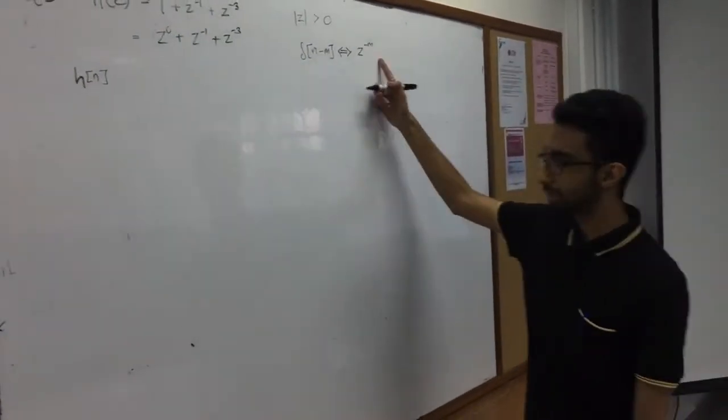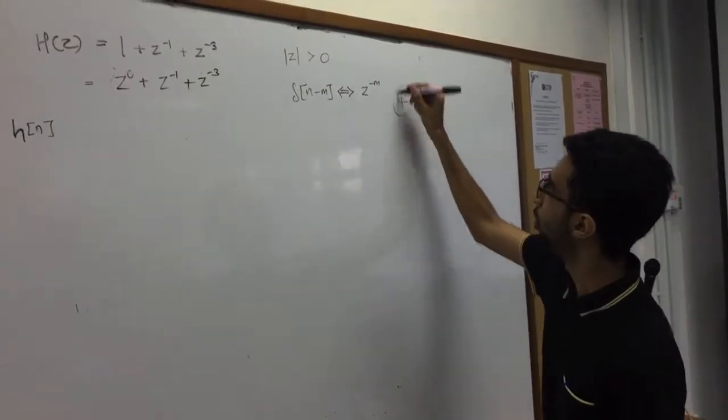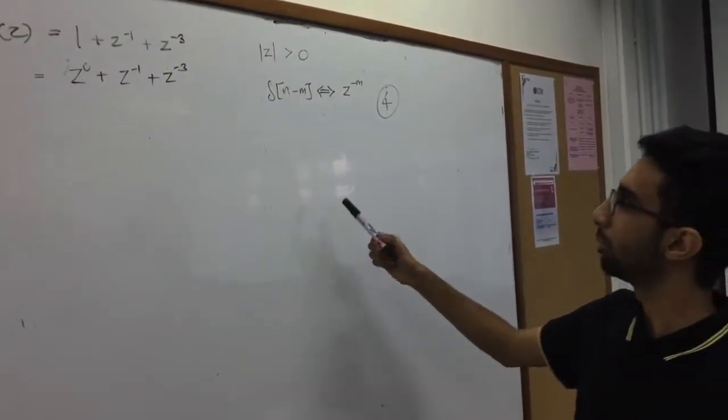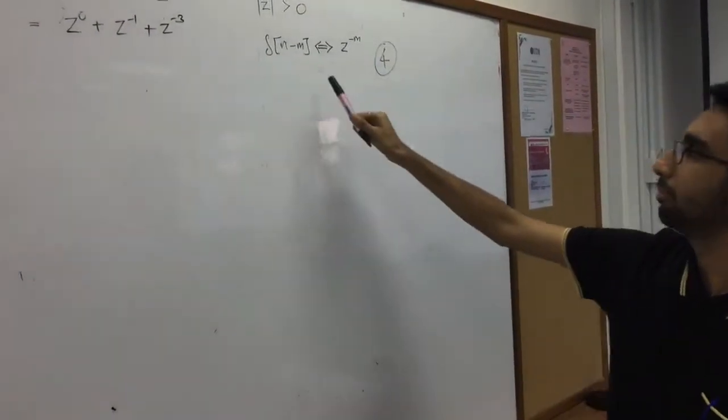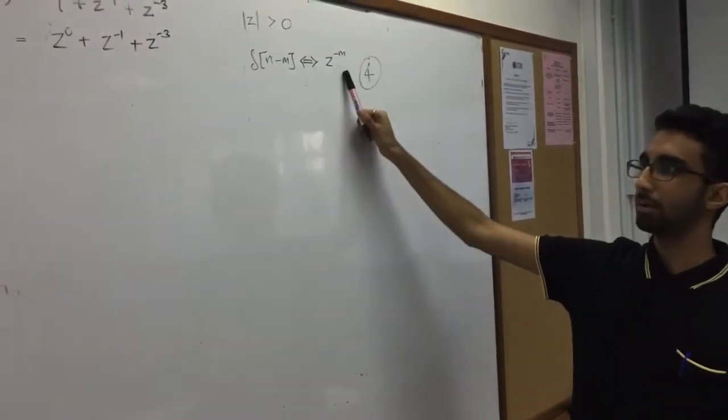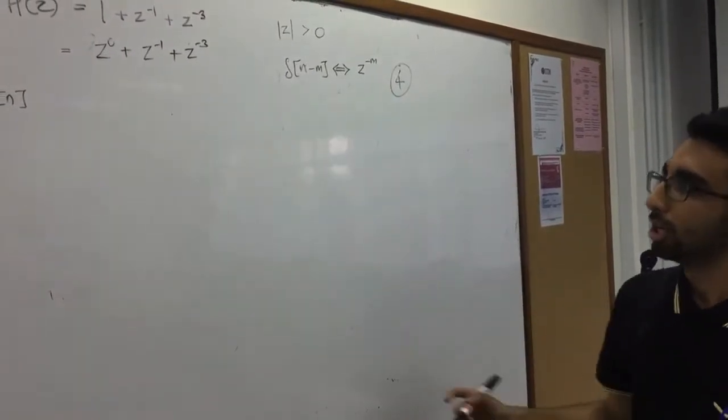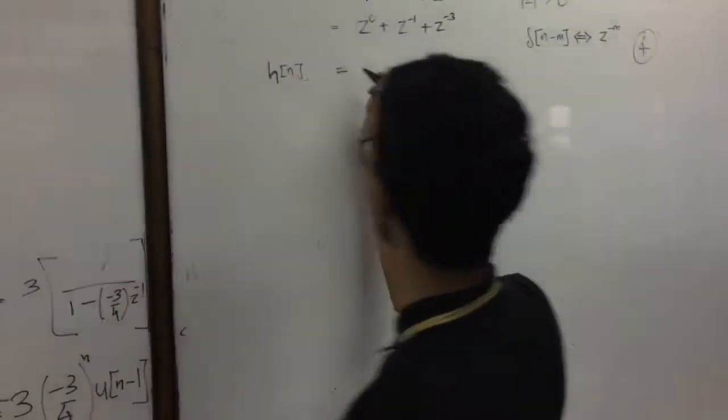So we're going to be using this property, which is property number 4 from the Z-transform table, which is delta, the impulse response, n minus m, can be transformed to z to the power of minus m in the z domain. So when we look at this, it's a summation of three of these.